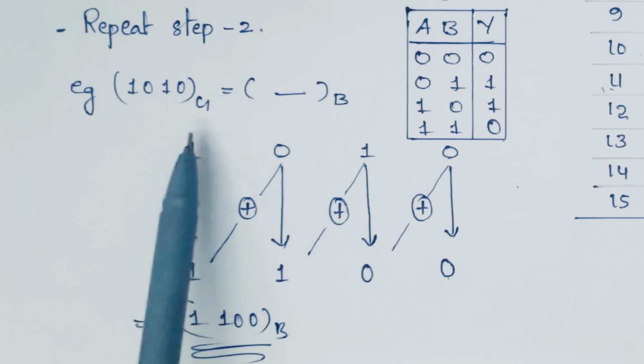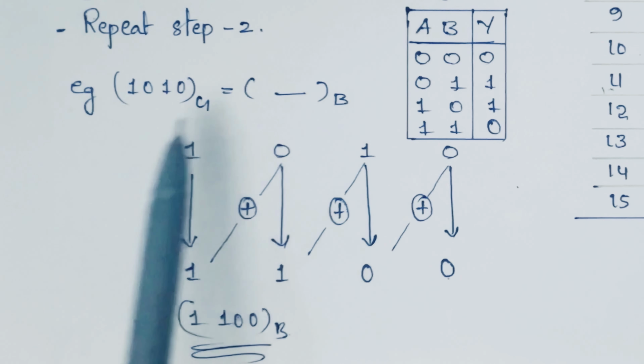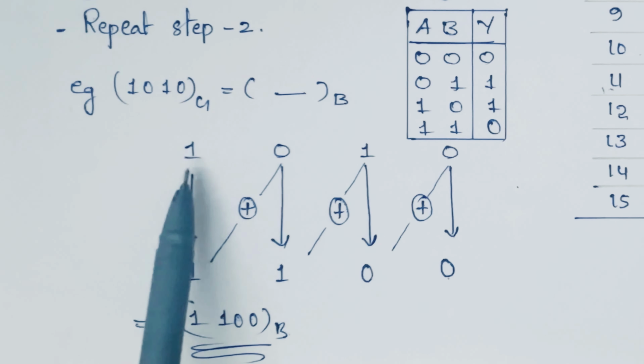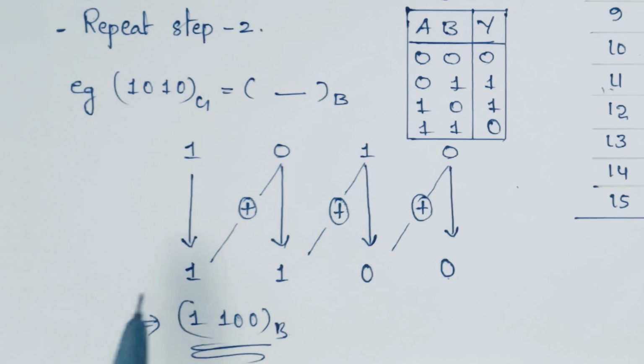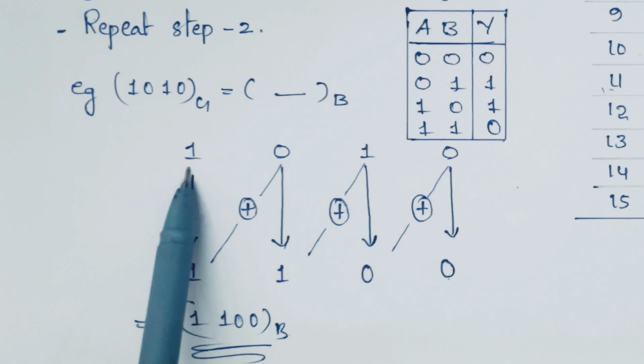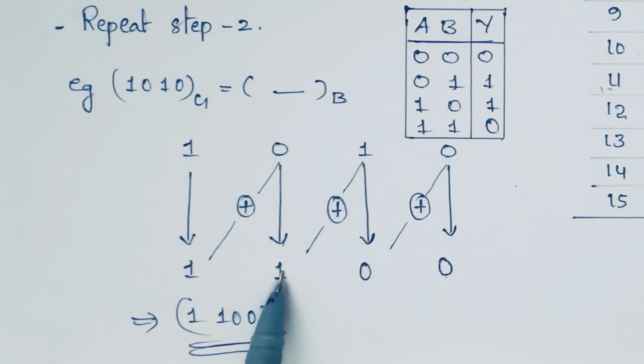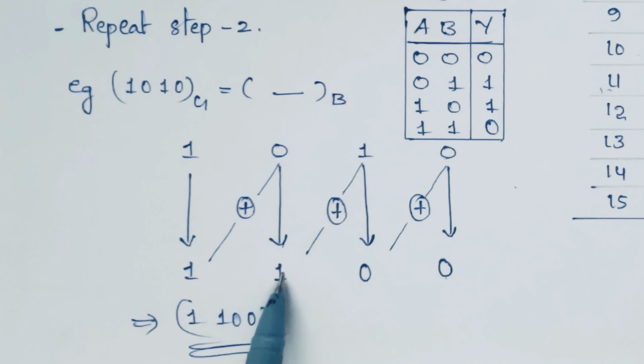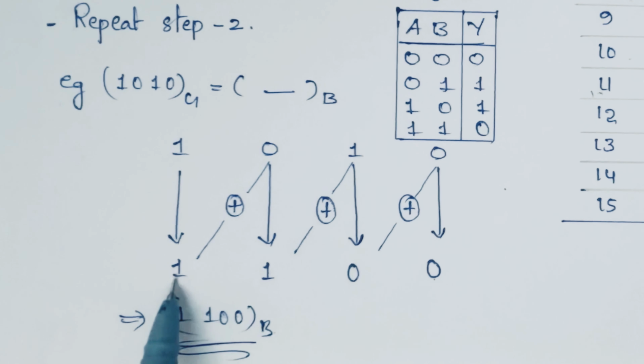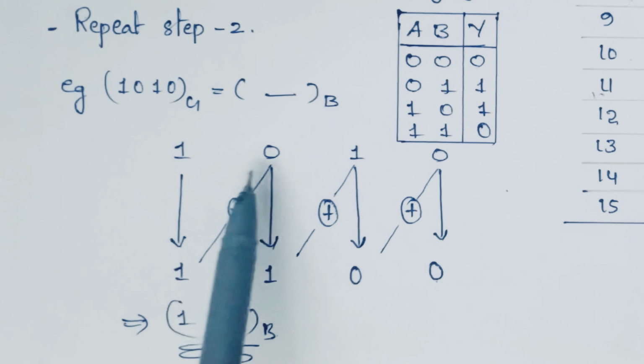Now we will see an example for Gray code to binary conversion. The given Gray code is 1010, which we are writing as it is. The first step is to write the MSB of binary the same as the MSB of the Gray code. Here the MSB is 1, so we write the MSB of binary also as 1. Now the next bit in binary we get by the XOR operation between the bit just written down and the next Gray bit.